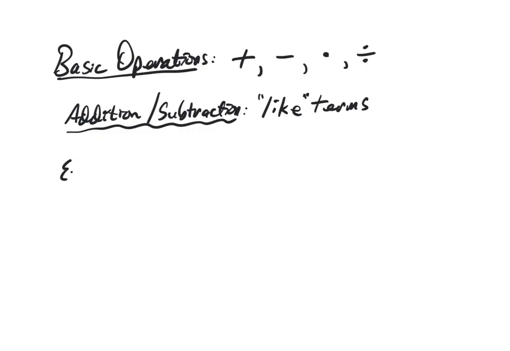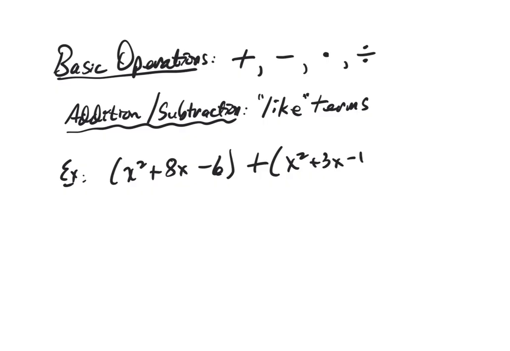So as an example, if I asked you to add two trinomials together, x squared plus 8x minus 6, and to that I wanted you to add x squared plus 3x minus 17, to do addition of two trinomials, we're simply going to combine like terms. The habit I need you to get into, though, is whenever we're adding or subtracting, remove parentheses.